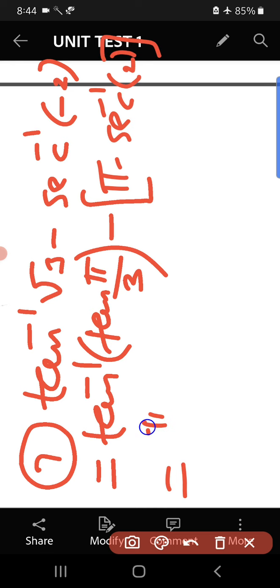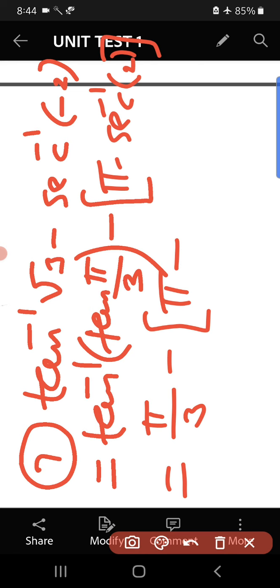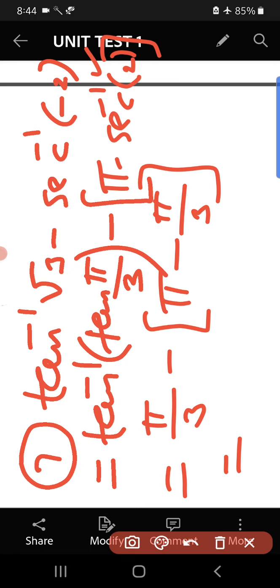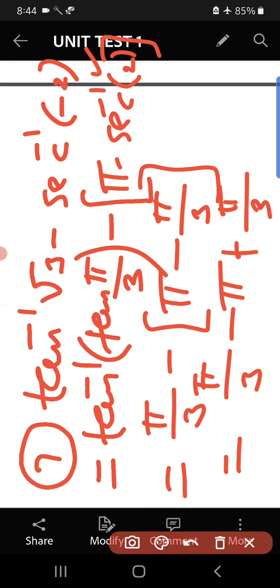Then tan inverse of tan pi by 3 will be pi by 3 only. Then minus, I will write pi as it is, pi minus secant inverse of 2. That means secant of which value gives me 2, that is pi by 3. So overall I will get pi by 3. I can remove the bracket: pi by 3 minus pi plus pi by 3. Let me continue in the next step.